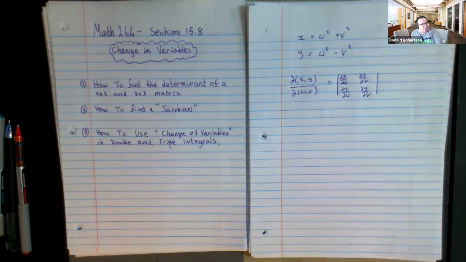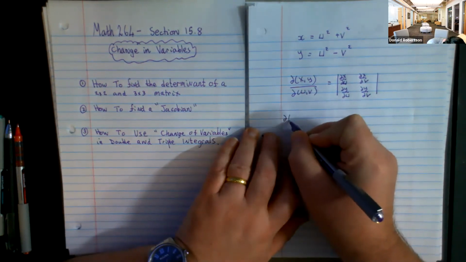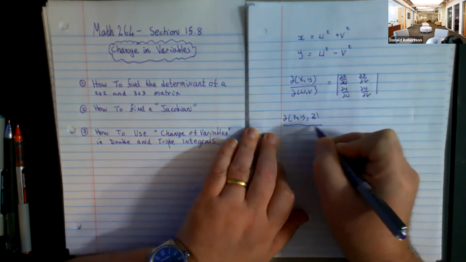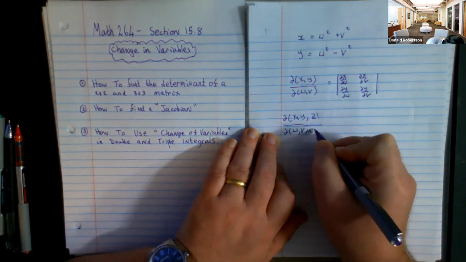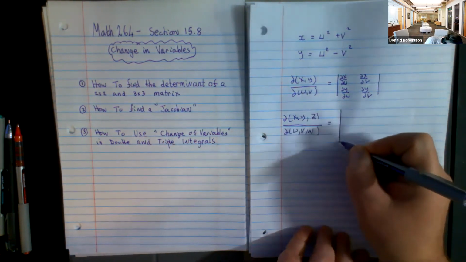That's why I spent some time today doing determinants of 2 by 2. So what would the Jacobian of a three-dimensional change of variable look like?